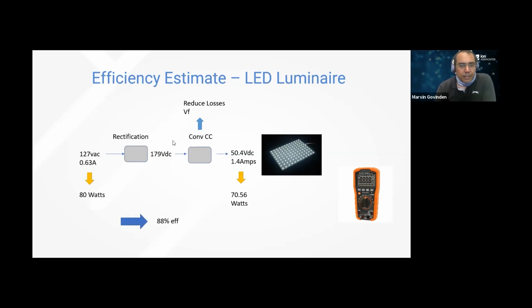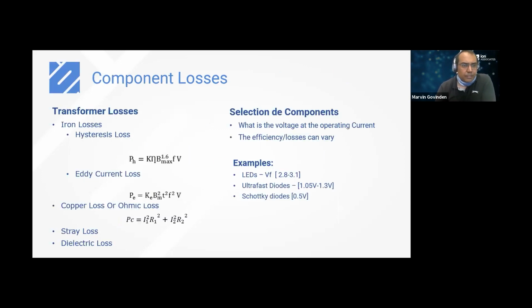So by knowing our circuit well, we can analyze that and say, okay, I'm going to reduce my losses. If I have certain components, I'm going to reduce the forward voltages as much as I can, and you can start to analyze the power losses in your circuit to become more efficient. So just take a multimeter and do some basic measurements. Then from there, we can look at our magnetics.